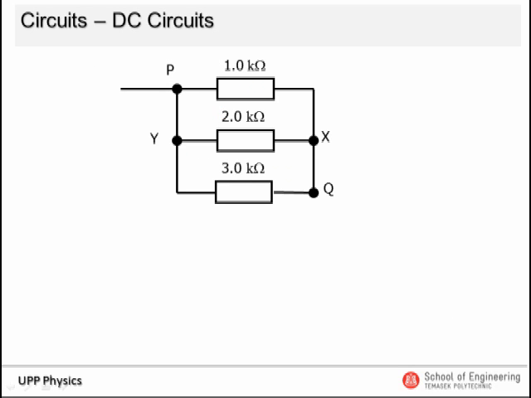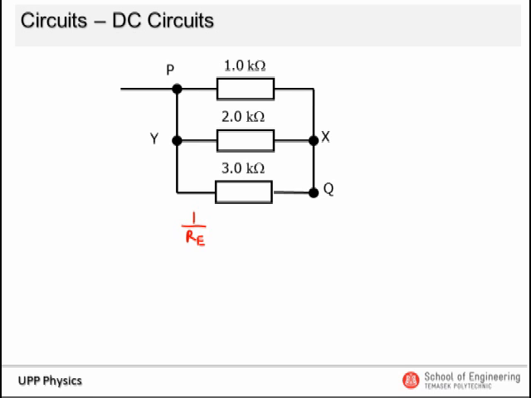After we have determined that the three resistors between P and Q are in fact a parallel arrangement, let's proceed to calculate the equivalent resistance between points P and Q. The formula to calculate the equivalent resistance for a parallel arrangement of resistors is 1 over R subscript E, where R_E is the equivalent resistance.